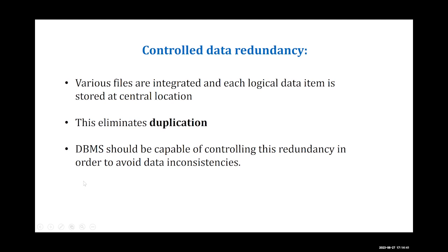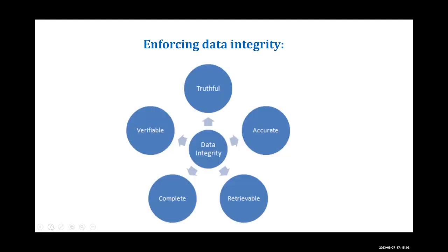The redundancy in the database system cannot be eliminated completely, as there could be some performance and technical reasons for having some amount of redundancy. However, the DBMS should be capable of controlling this redundancy in order to avoid data inconsistencies, right? So this is about controlled data redundancy.